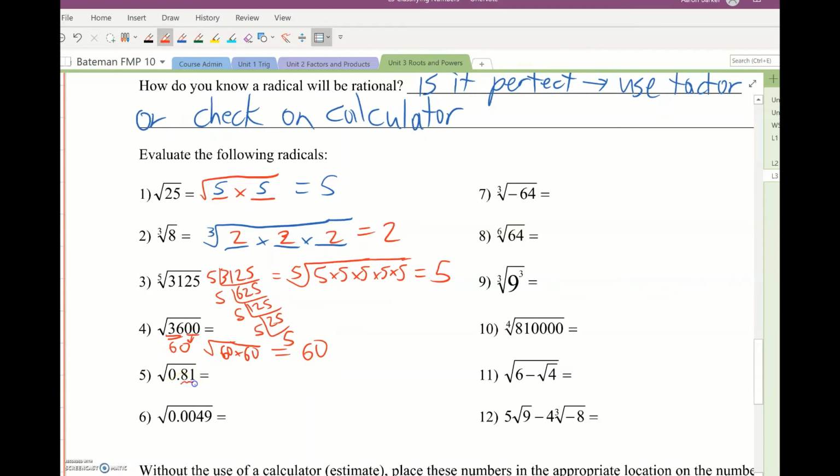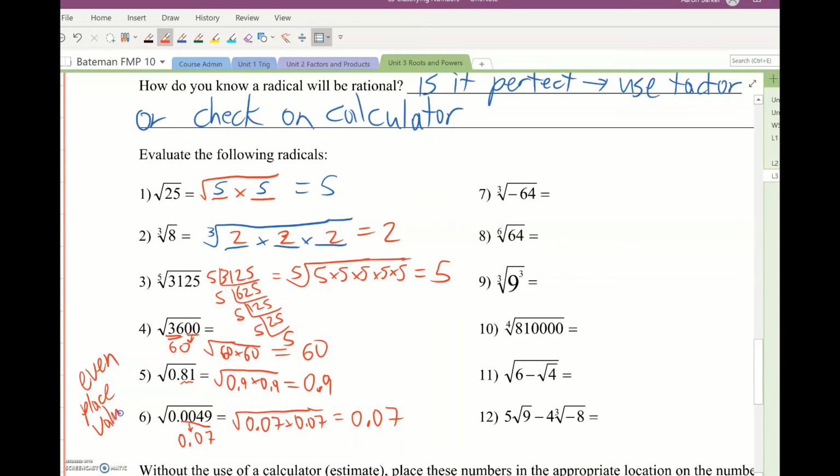Now we're dealing with decimals, so if you have 2 decimal places, then that's the same as 0.9 times 0.9, which equals 0.9. Here we have 4, so this will be the square root of 7, and then I'm going to have to add a 0 in there. And so this equals the square root of 0.07 times 0.07, which equals 0.07.